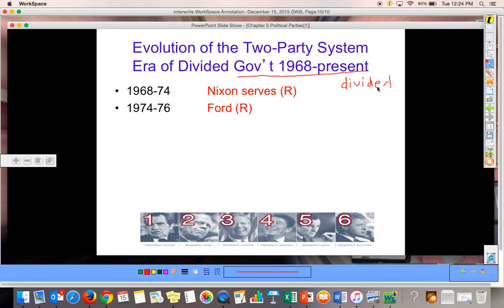The pattern of divided government has really dominated our American politics since Nixon's election. Even from 1969 to 2010, the same party controlled the presidency and both houses of Congress for just 12 years. So that's a very short time in terms of party era.